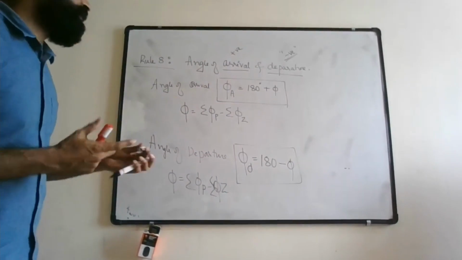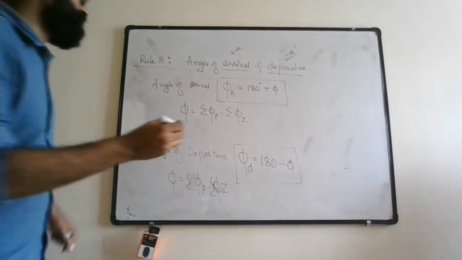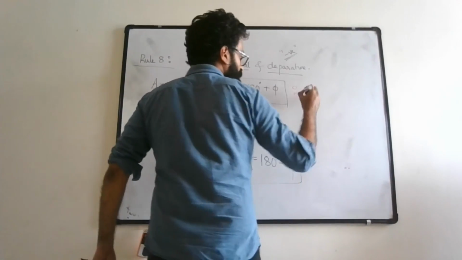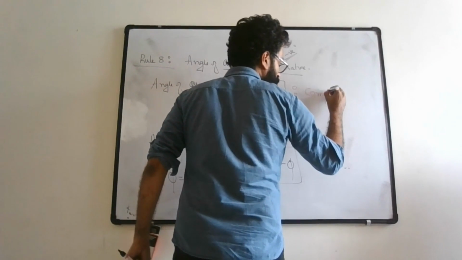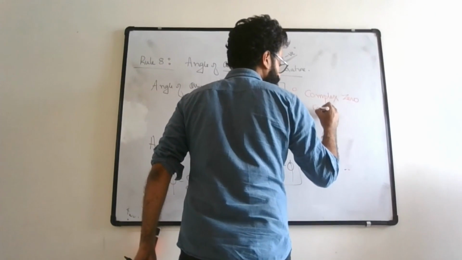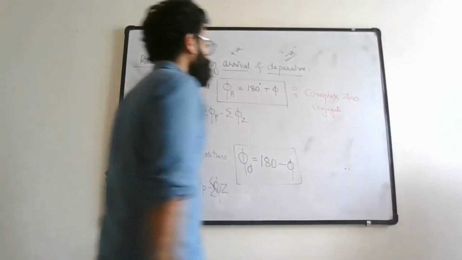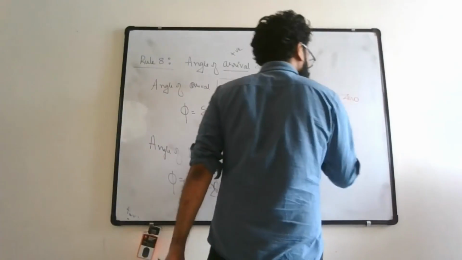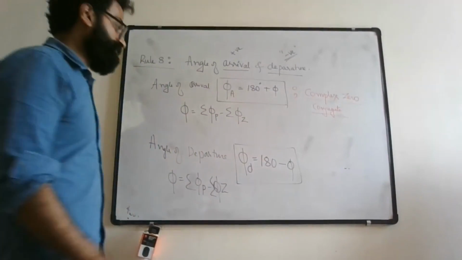Now, when to apply the phi a equation and when to apply the phi d equation? Equation phi a is applicable for complex conjugate zeros. Angle of arrival is applicable only if you have complex zeros in your transfer function.